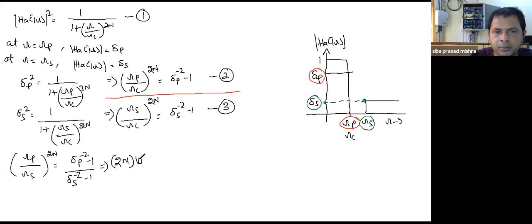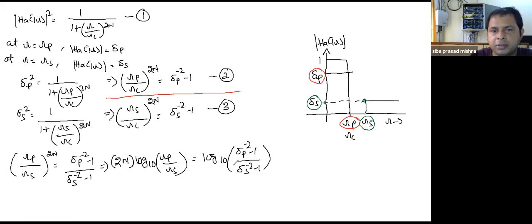2n log of omega p by omega s equals log of (del p to the power minus 2, minus 1) divided by (del s to the power minus 2, minus 1). Okay, so what is the formula?